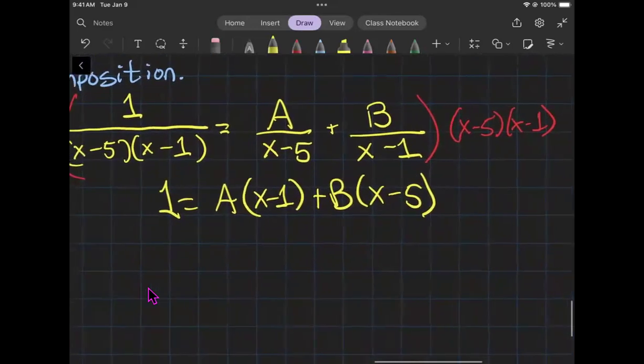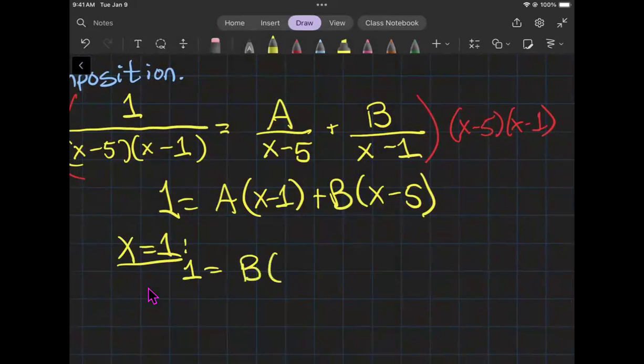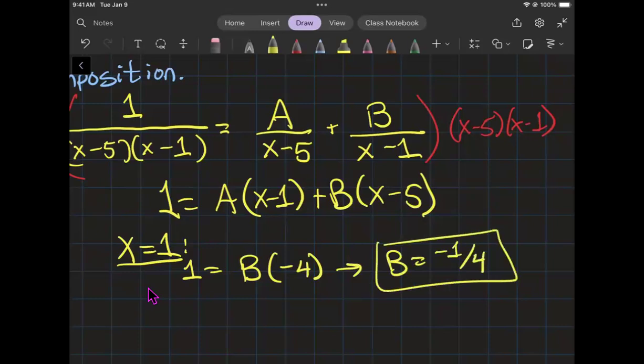All right. So the best way to look at this is to plug in different values for x. So if x is 1, this equation becomes 1 equals A times 1 minus 1, so that's 0, plus B times 1 minus 5, which is negative 4. So that means B is equal to negative 1/4. Okay.